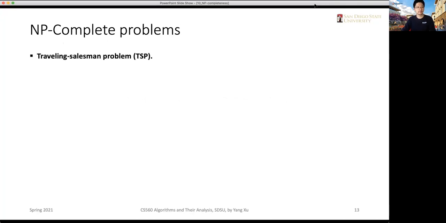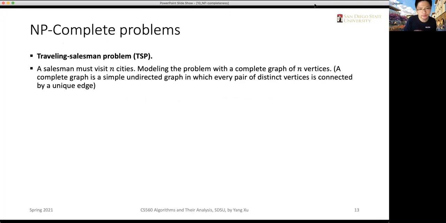The first one, yeah, the traveling salesman problem, TSP, is a very famous one. It's like a typical graph algorithm. It's like a salesman trying to visit n cities, right? And the cities can be viewed as vertices in the graph.